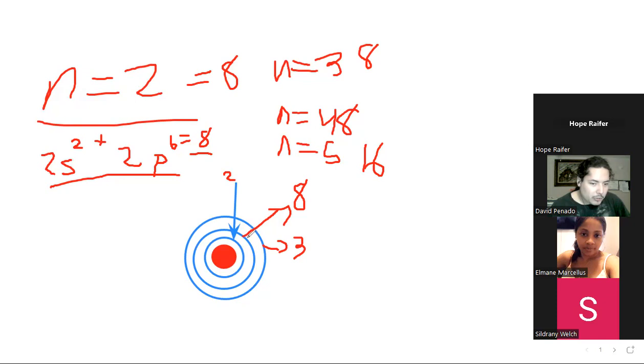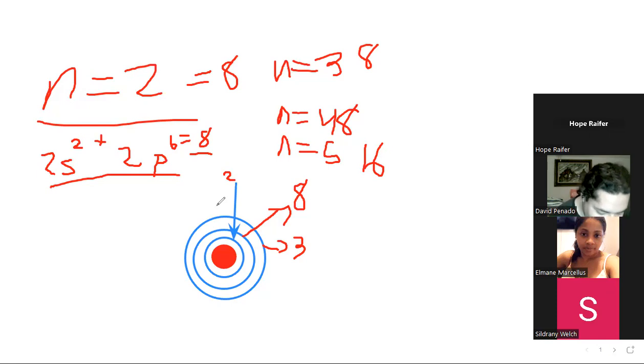That means this shell is full. Isn't that how it is?